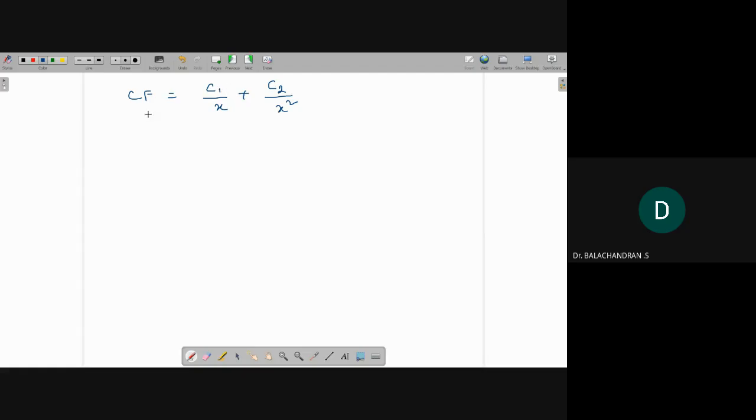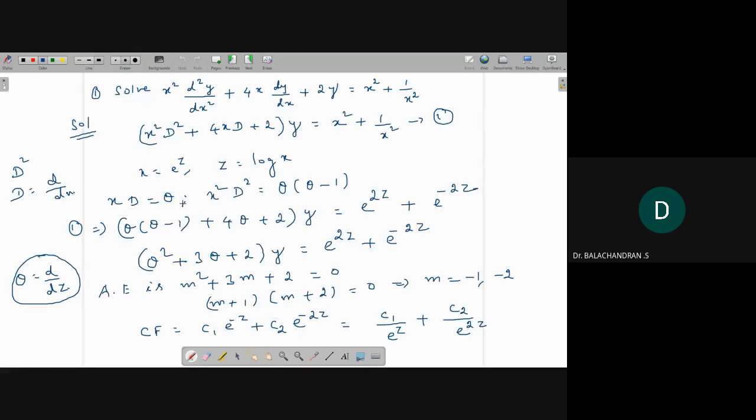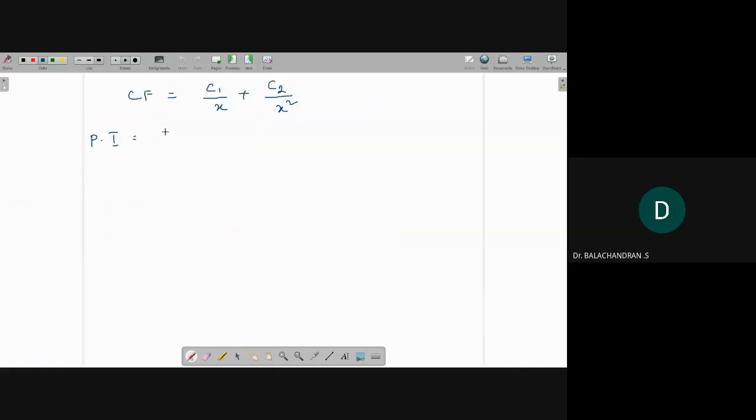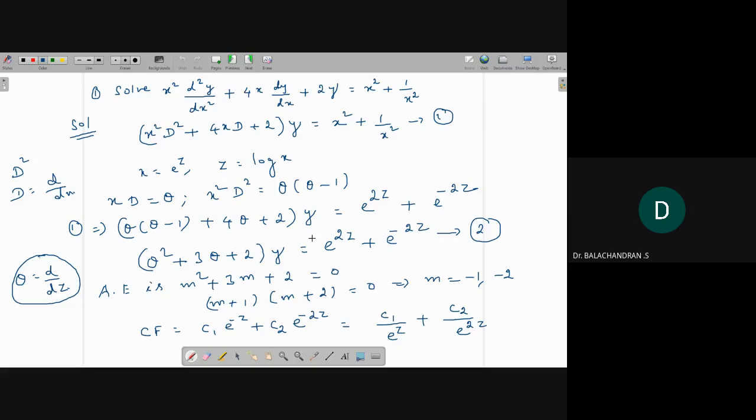Now the PI. Taking this as equation 2, PI equal to 1 by theta square plus 3 theta plus 2, on the right hand side e power 2z plus e power minus 2z.